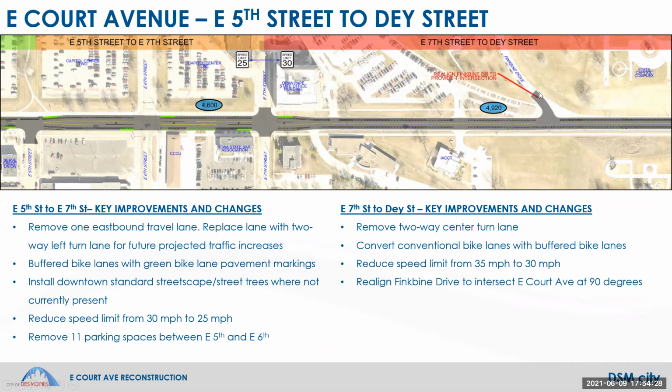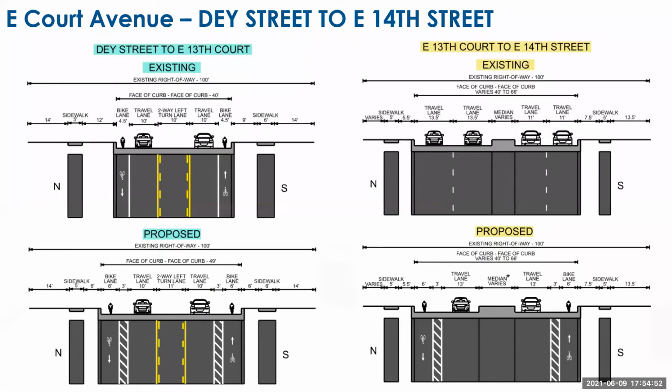The last thing I will point out is the realignment that we're proposing of Thinkvine Drive to provide a T intersection and kind of reduce that intersection width, and it gets a little bit easier for folks making that turning movement. The last stretch I'll talk about is from Day Street up through East 15th Street.